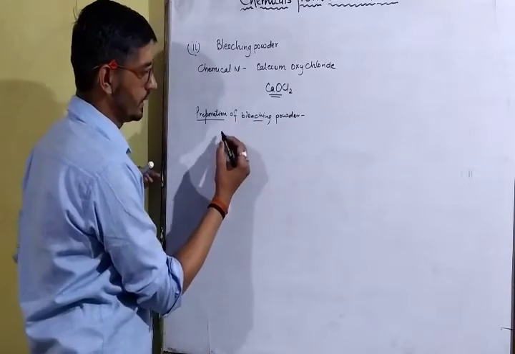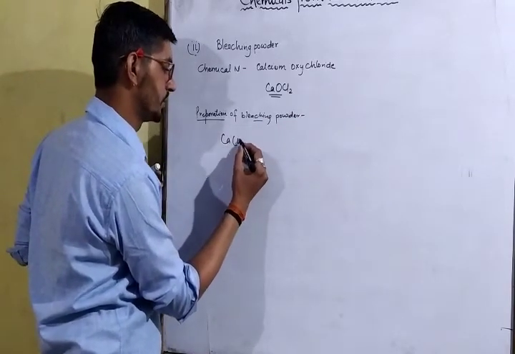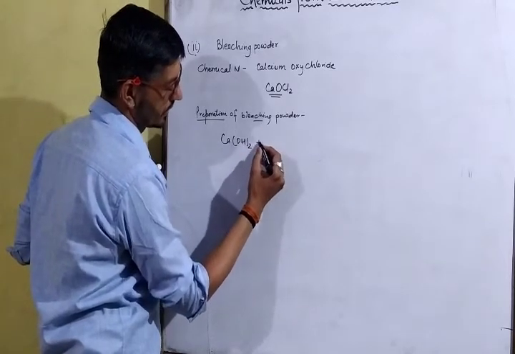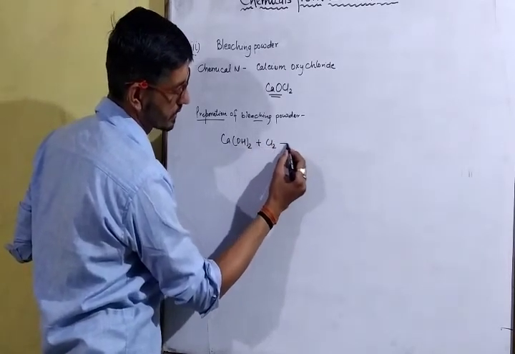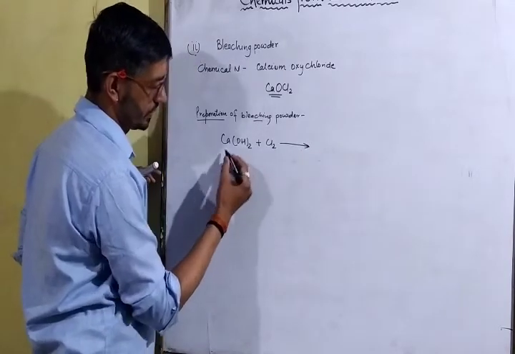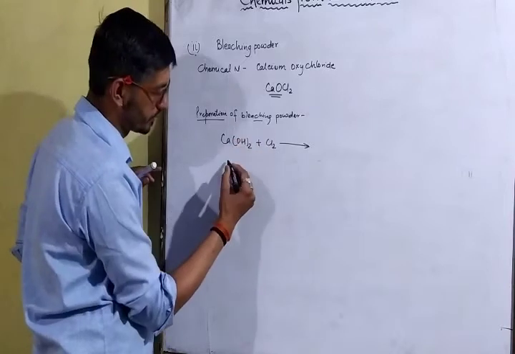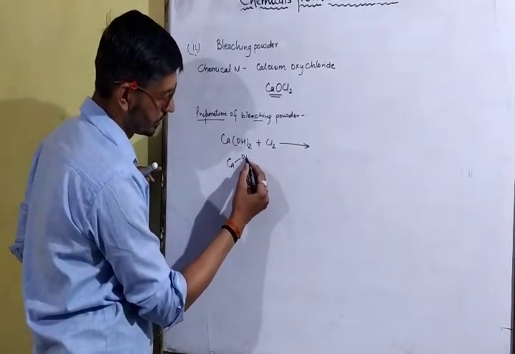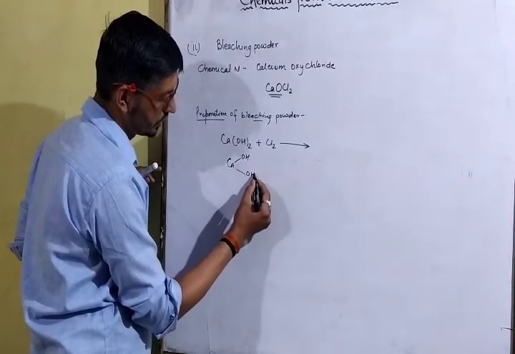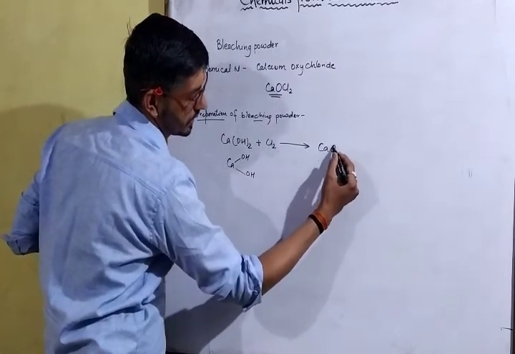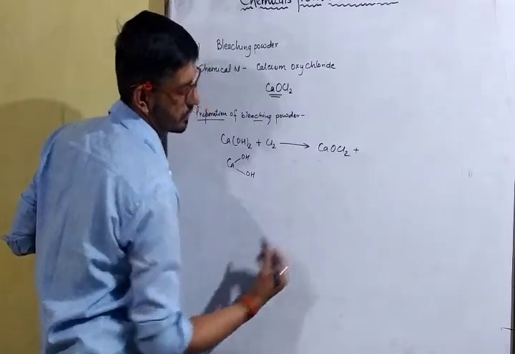How is it prepared? When slaked lime, that means calcium hydroxide, is treated with chlorine gas, what happens? Calcium has two hydroxide ions, OH and OH. So what will we form?